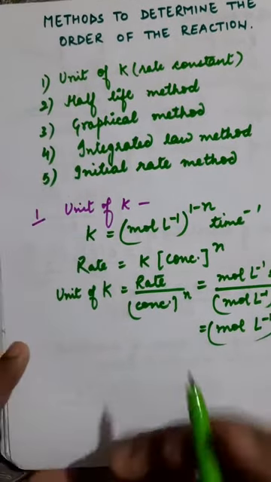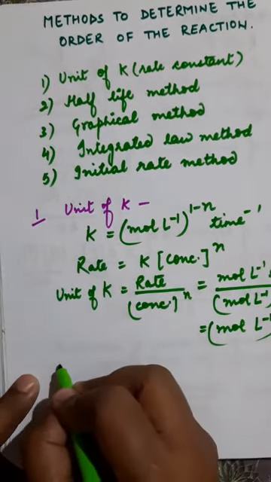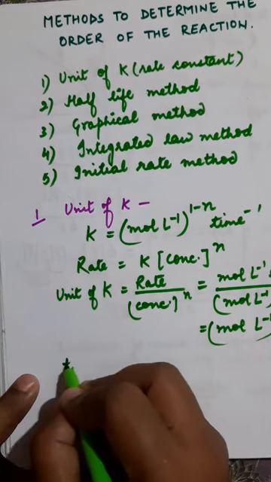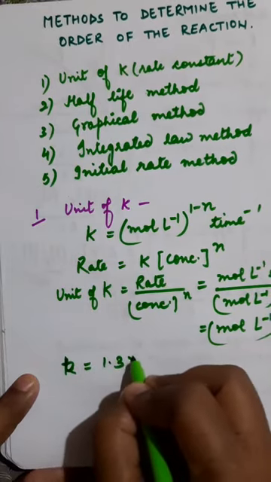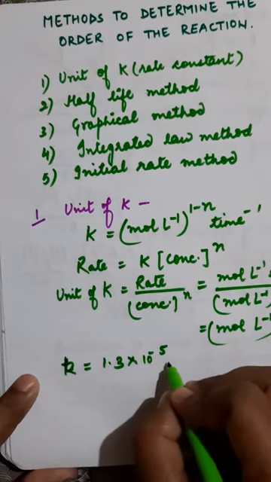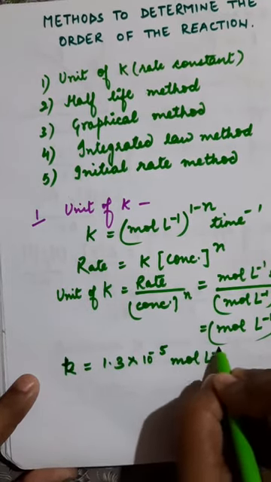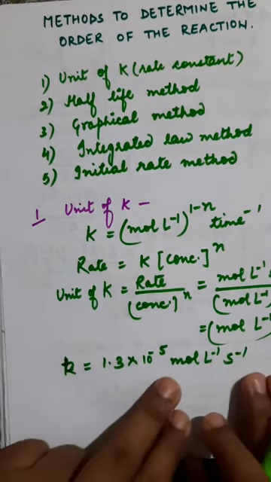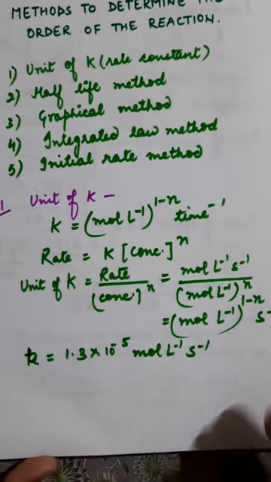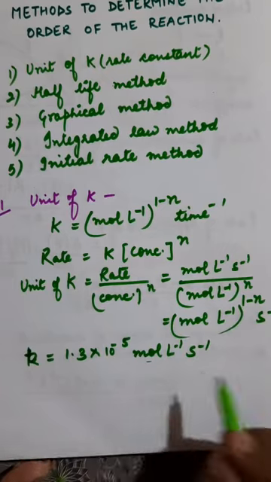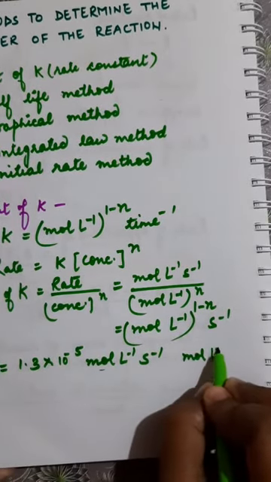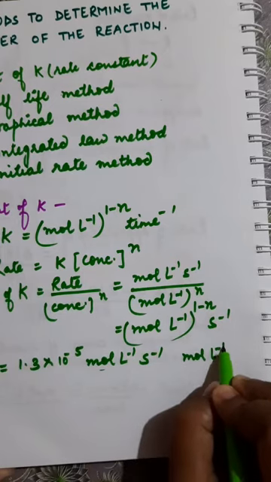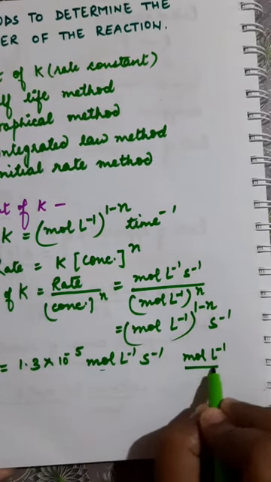Clear? Now we can find out, suppose you are given the unit of K, suppose it is given 1.3 into 10 power minus 5 mole per liter per second. So what is the order of this reaction you have to find? By looking at the unit you can find out. See, it is mole per liter upon second.